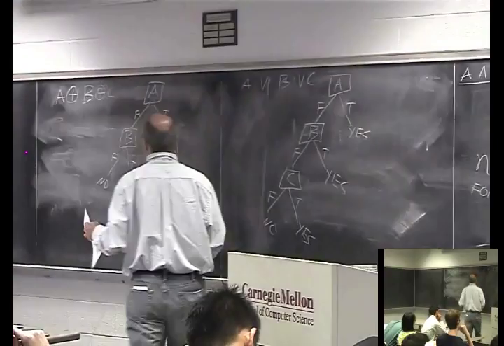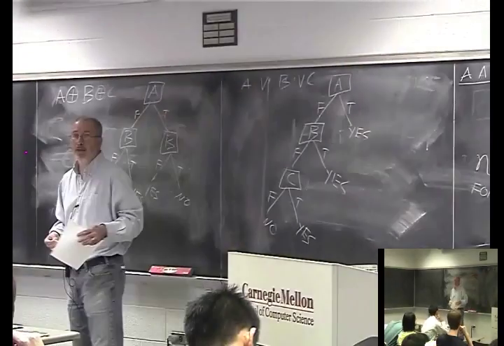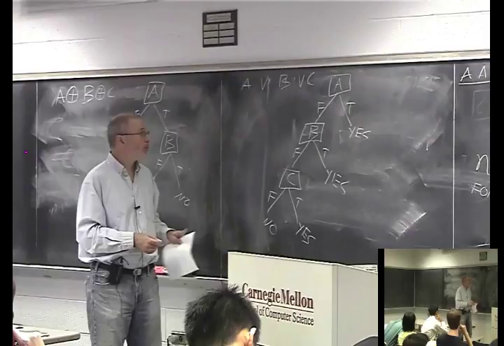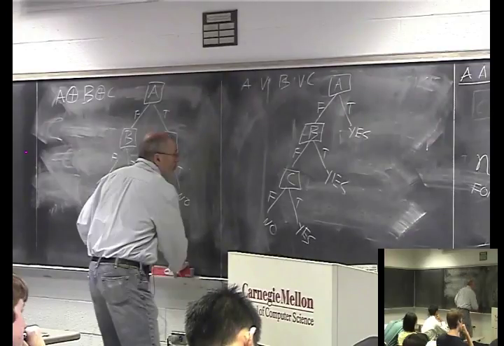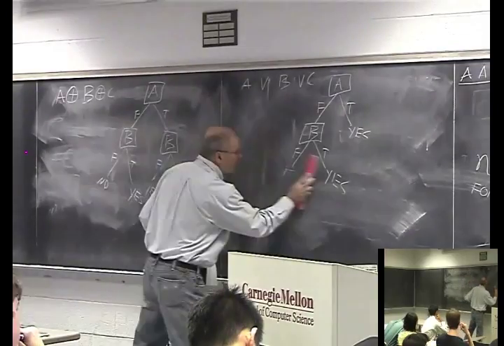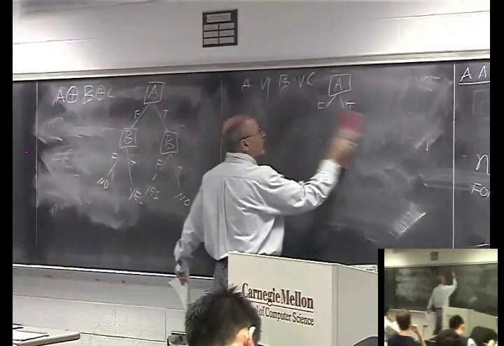Okay, how would you create an XOR tree for 3 variables? Maybe you want to extend this one or create a new one, whatever you'd like to do.